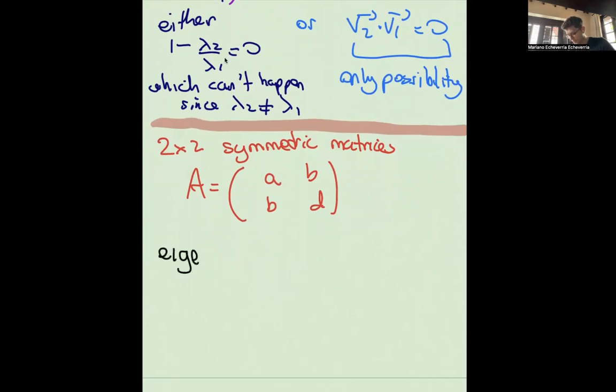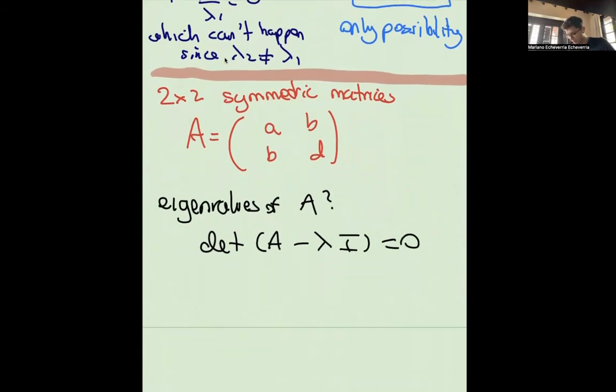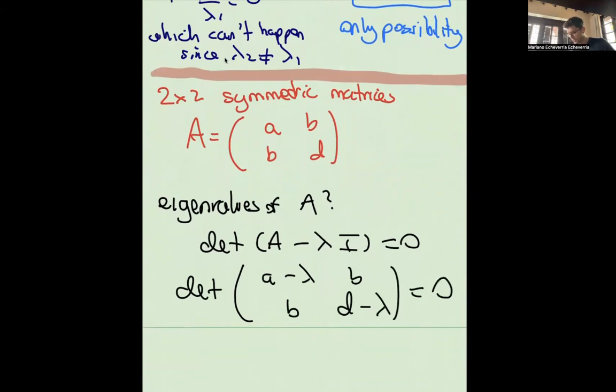So what are the eigenvalues of A? Well, if you remember, the eigenvalue equation is the determinant of A minus lambda I equals 0. What is A minus lambda I? It's the matrix with entries A minus lambda, B, B, D minus lambda. So the determinant has to be equal to 0.